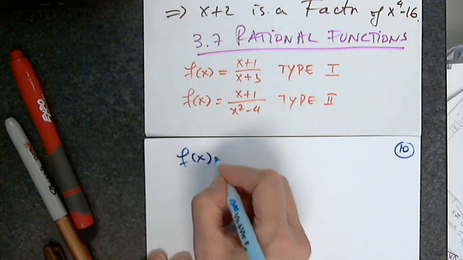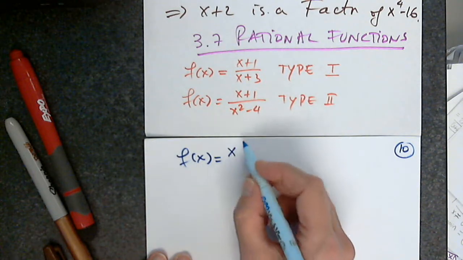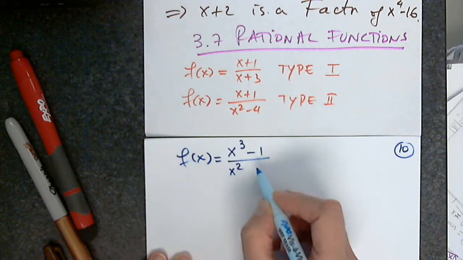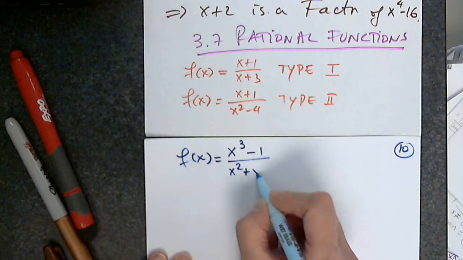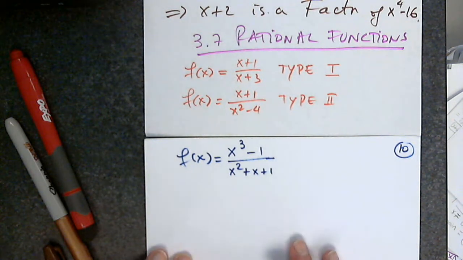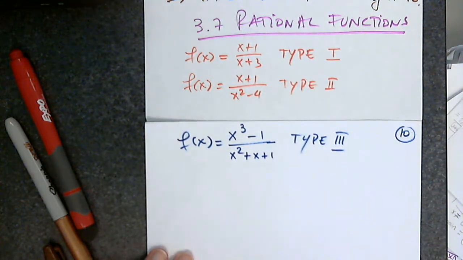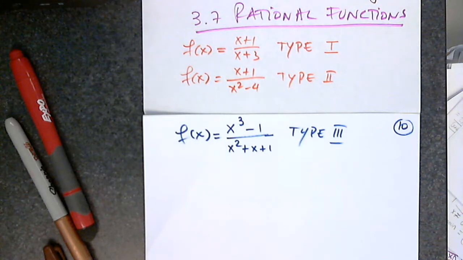Here's the third possibility. Type 3. Type 1 and 2 are very similar. Type 3, way more complicated.